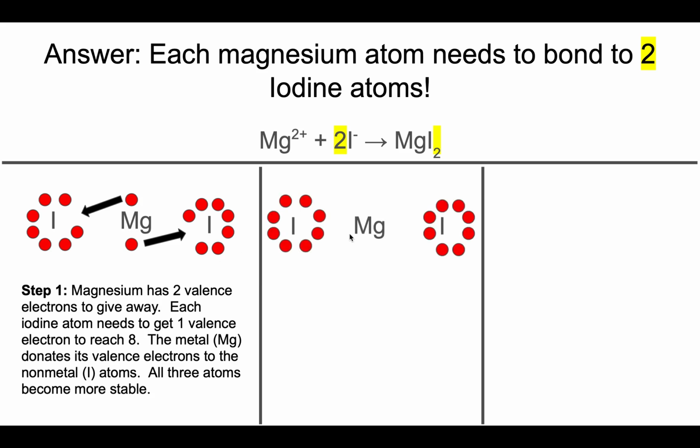You'll see magnesium gave away its 2 valence electrons. Now it would technically have 8 because we'd be going to an inner orbital here with 8 valence electrons. And now iodine's got 1, 2, 3, 4, 5, 6, 7, 8, the 8 valence electrons that it is looking for. So all 3 of these atoms are really nice, happy, stable atoms.